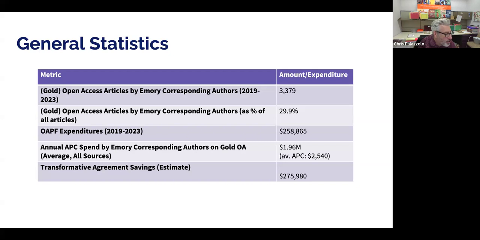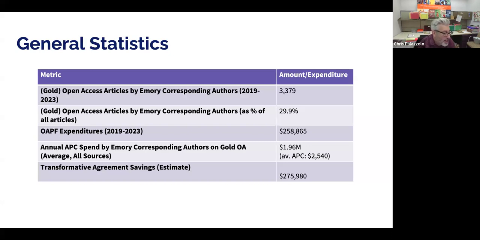But you can see here the number of gold open access articles by Emory corresponding authors, about 30% of all articles published here at Emory. We don't have a comparative term here in terms of other universities or libraries or institutions. I would love to have that to see.